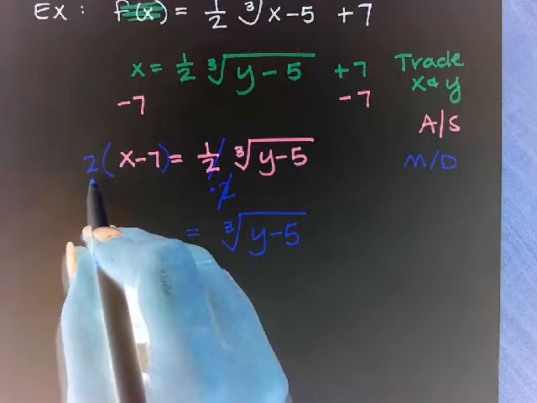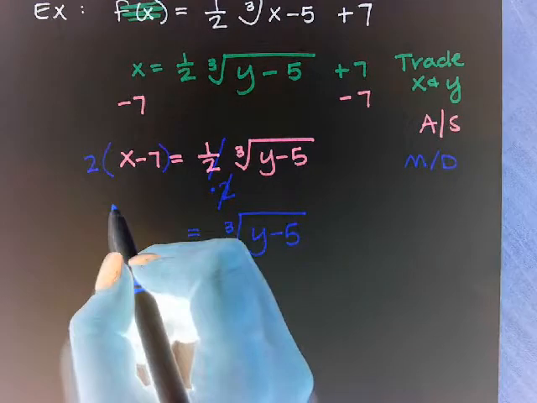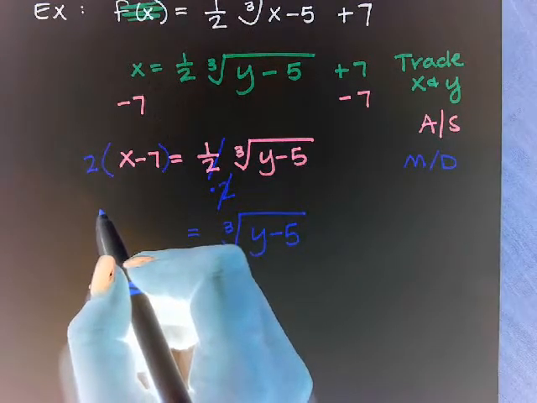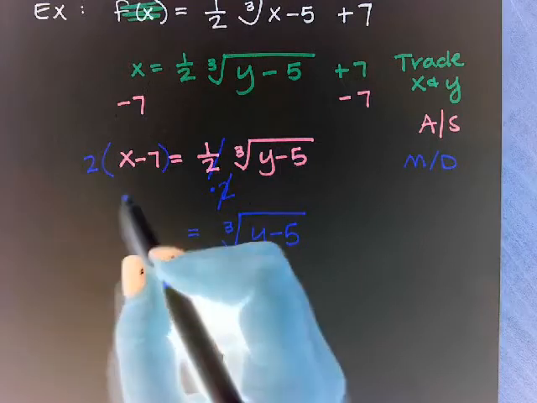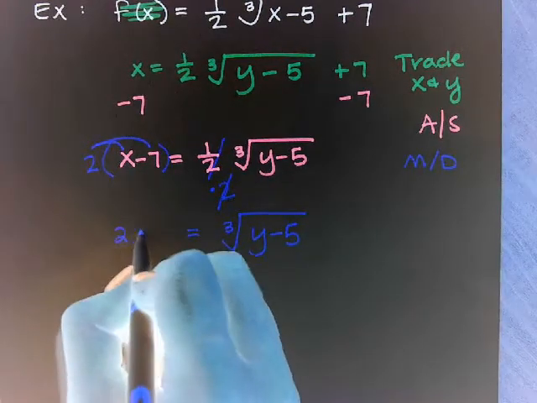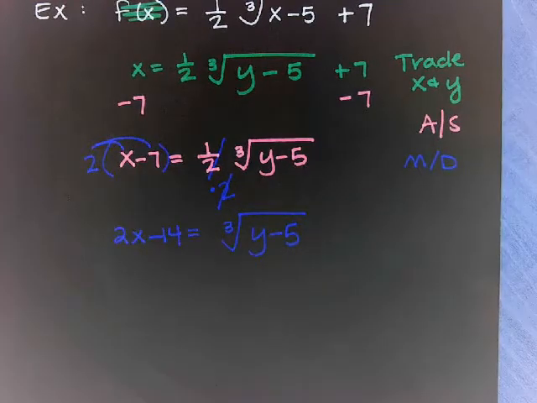And then with the 2 and the x minus 7, you can distribute the 2, or you can leave it with the parentheses. Do you guys want to distribute the 2, or do you want to leave it? Distribute? Okay. 2x minus 14. Okay. Then what do we do?